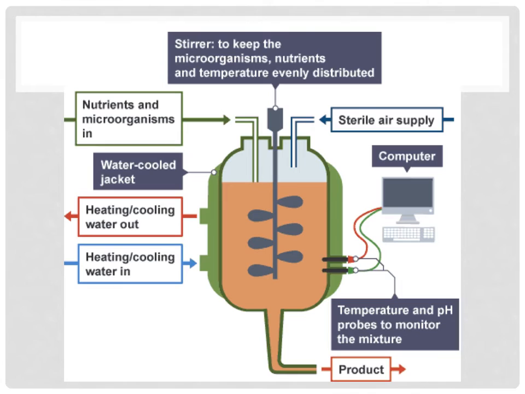So here's a diagram showing the idea of a computer-controlled fermenter. Factors that would affect growth would be things like your temperature, your oxygen concentration, your pH, your glucose, and various other nutrients that are needed for the microbe that you're going to be growing.